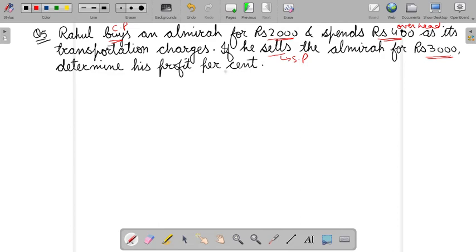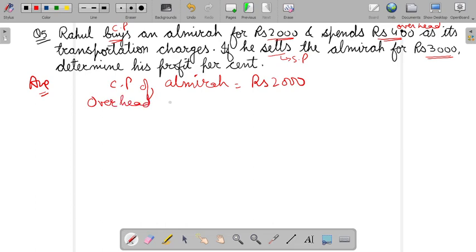Determine his profit percent. So this question is very easy. Cost price of almirah equals rupees 2000.